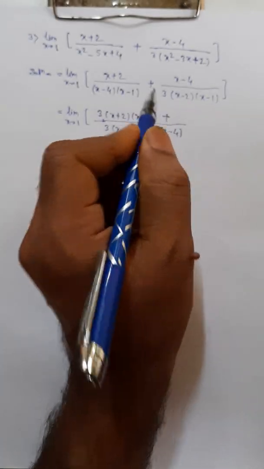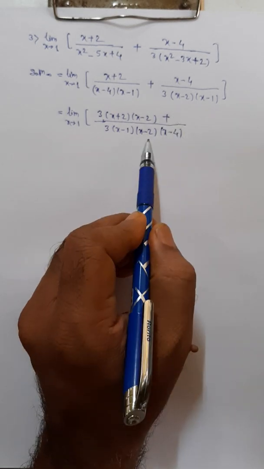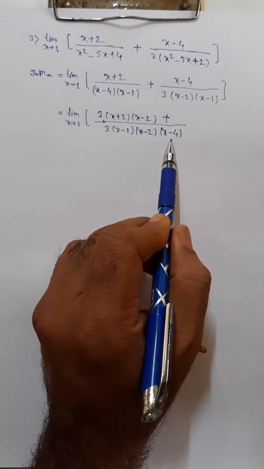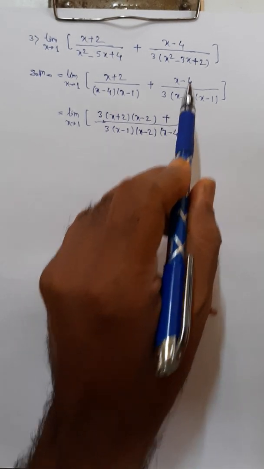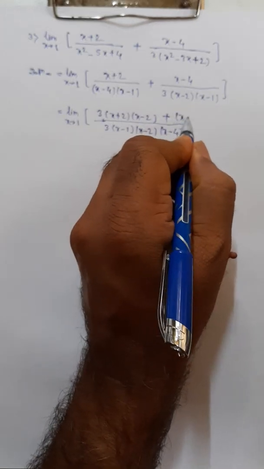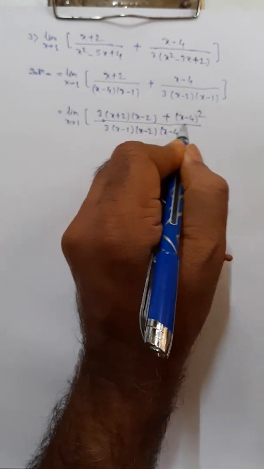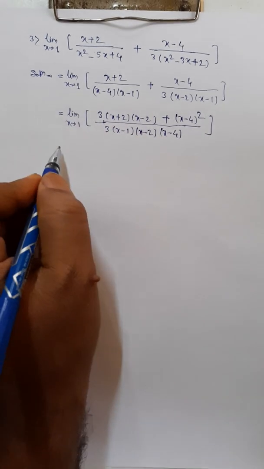Plus sign, see here 3 cancels, x minus 2 cancels, x minus 1 cancels, only x minus 4 left. So this x minus 4 and this x minus 4, x minus 4 square. Simplify this.